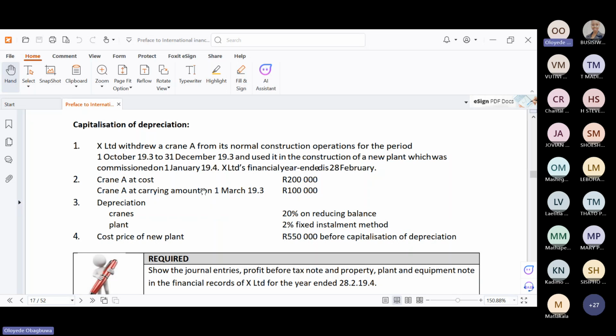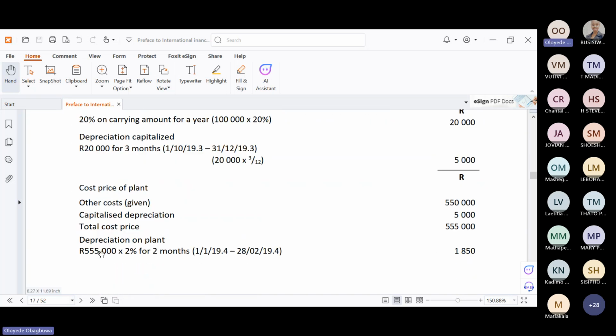The new plant was commissioned on 1st of January 2004, so to 28th February will be 2 months. So the new plant is actually in existence for 2 months in the financial year, and the rate is 2%. Okay, so you now calculate the rate.